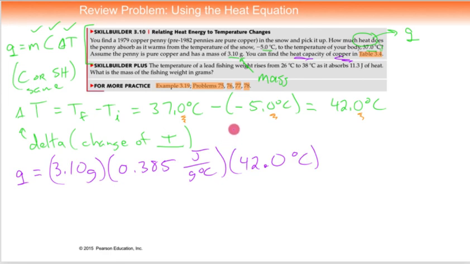Okay, so one thing to keep in mind when you're doing any type of calculation is that the units agree with each other when you're calculating. Like for example, if this had been in kilograms, then you would want to change this to grams before plugging it into this expression. If this had been in Fahrenheit, then you would want to change it to Celsius before plugging it into the expression.